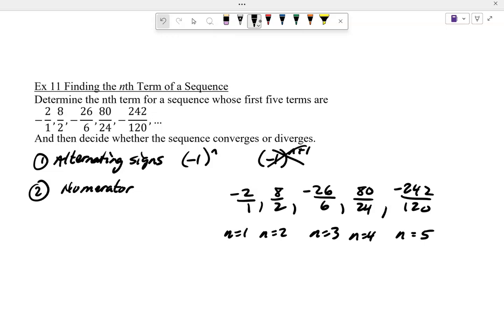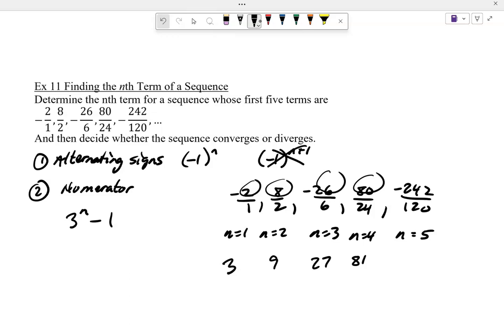And maybe this one might be a little hard to pick up. Again, I'm ignoring the positives and minuses for a minute. But if I take 3 to the n, like 3 to the 1 is 3, right? 3 squared is 9. 3 to the third, 27. 3 to the fourth, 81, right? You see how that number is just one less than that in the numerator? So my numerator formula will be 3 to the n minus 1.